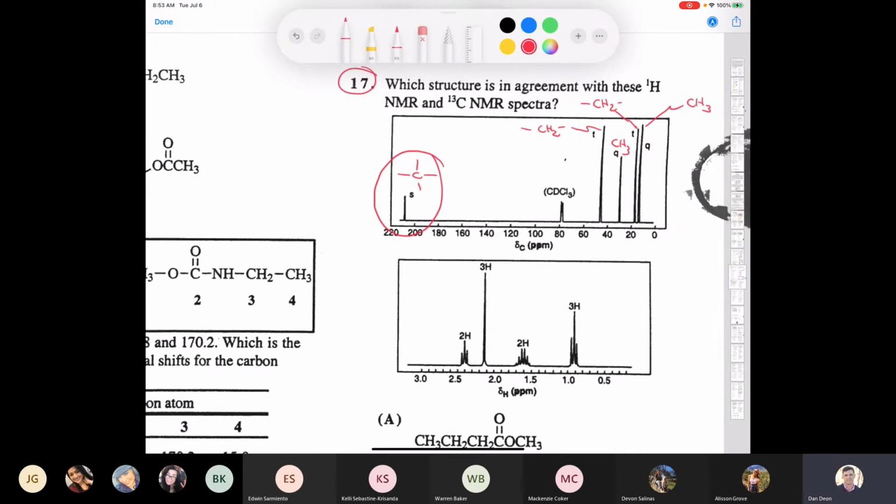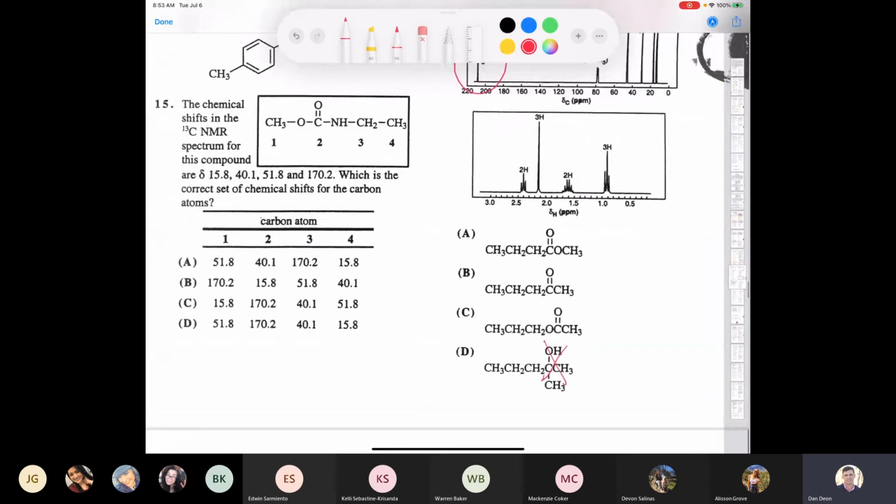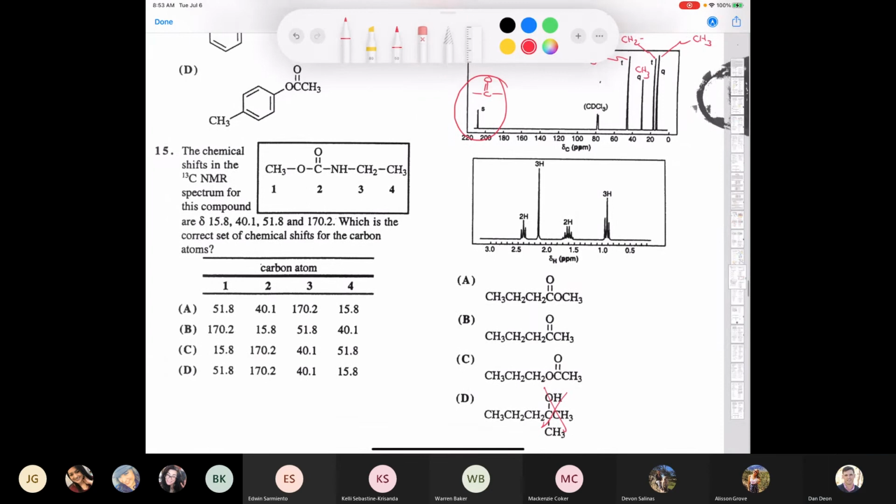If I have a signal that's up at 200 parts per million, probably around 210 or something, could anybody tell me what kind of carbon would produce a signal there? Yeah, it's a carbonyl. So let's spruce that up and turn that into a carbonyl, and now at least we can eliminate this one because there's no carbonyl. There we go. So now we're narrowed down to 3.